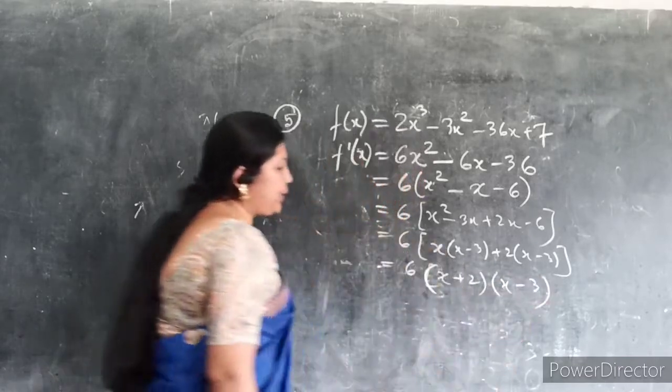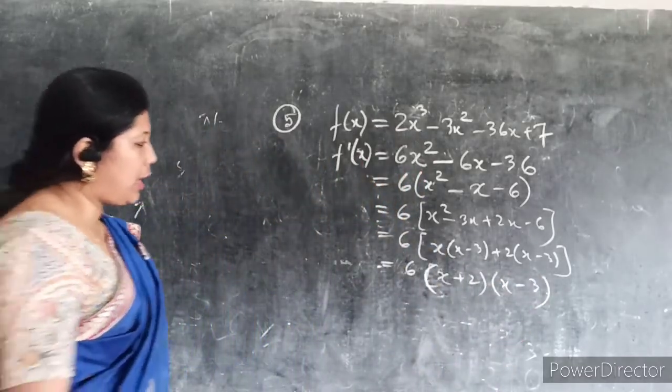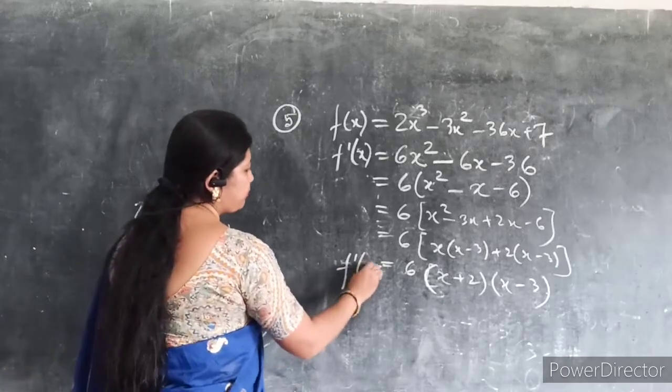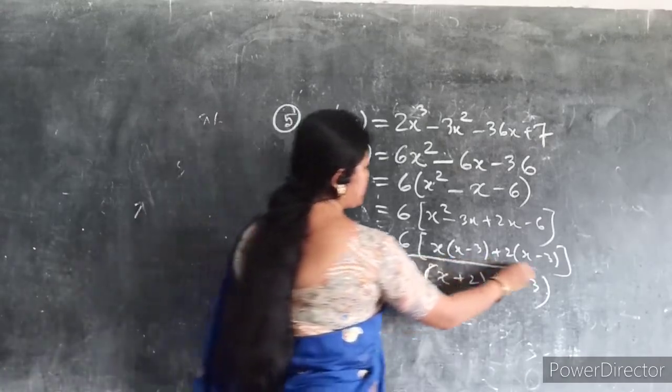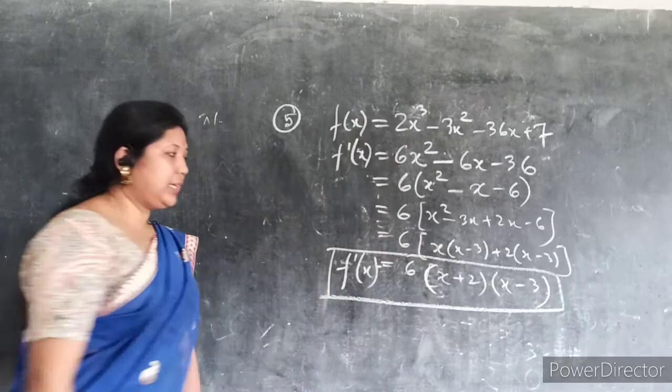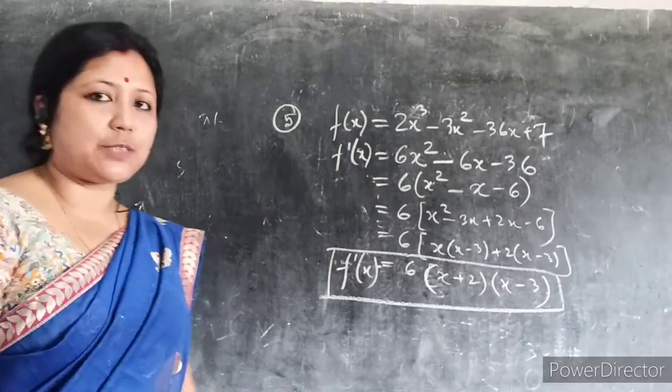So while we are doing this, we are getting our f dash x to be 6 into x plus 2 into x minus 3.